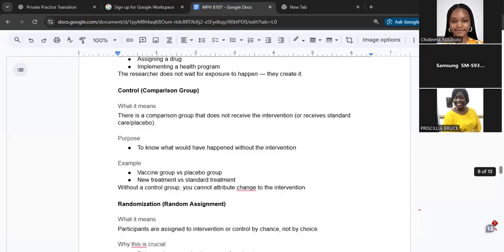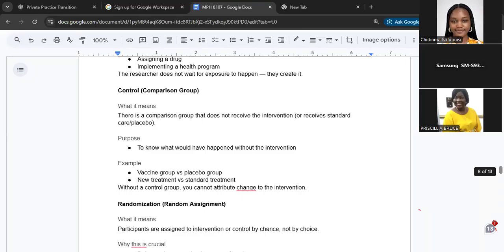Now listen to the word cause, because when we talk about true experiment, there's something called causation. We're trying to establish causation. In the descriptive study, remember we said you generate hypothesis. In the analytical studies, you test. But the thing about analytical studies is we cannot even beat our chest to say, I think it is this thing that is causing this thing.